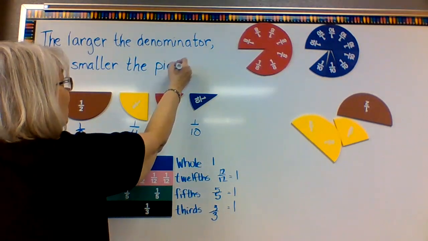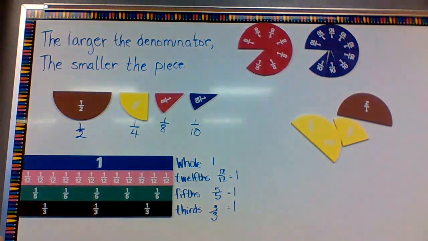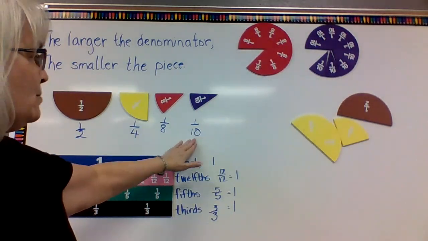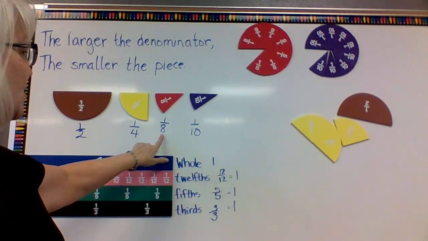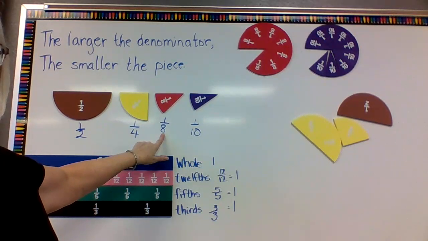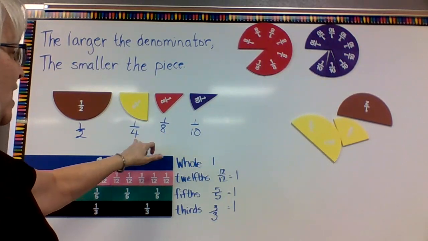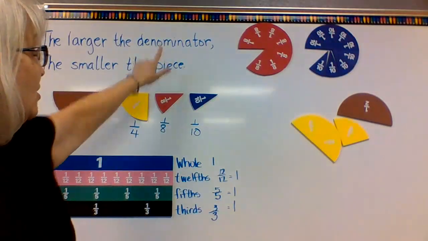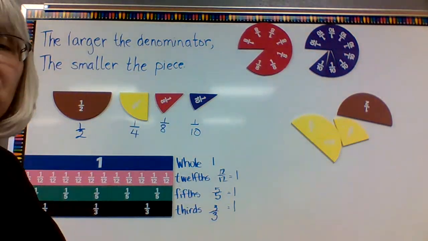And then what does that mean for us as second graders? Well, what it means is if we are looking at the fraction numbers, and we see this one has 8 pieces, this one has 4 pieces, we know this is the larger denominator, so that means the piece is going to be smaller.